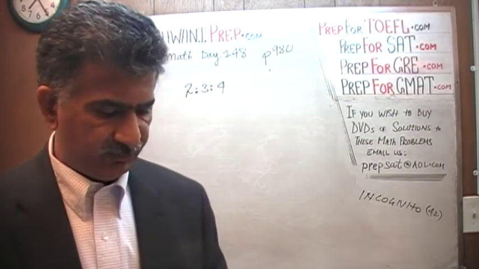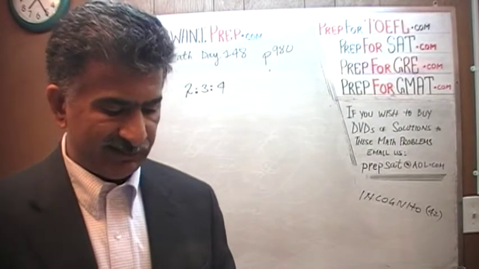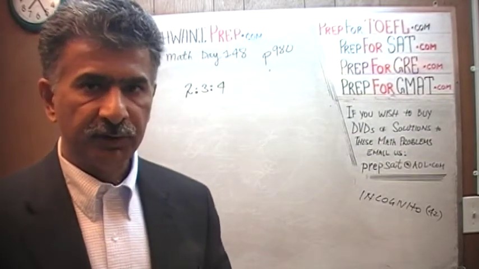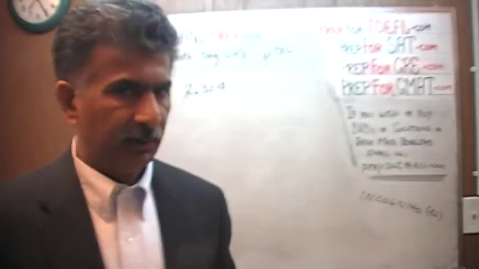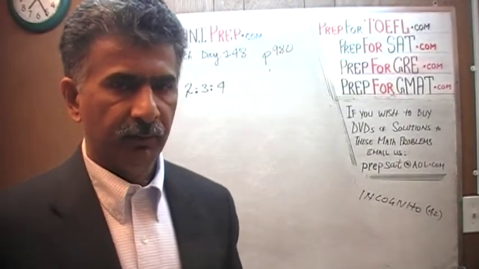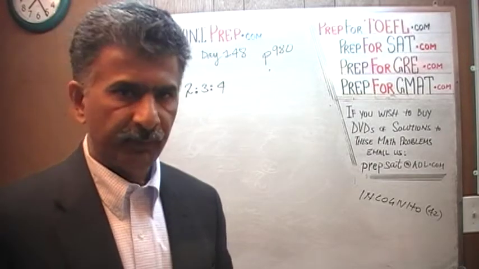By how many degrees does the measure of the largest angle exceed the measure of the smallest angle? Okay, you have to read carefully. They're not asking what's the degree measure of the largest angle. They're not asking what's the degree measure of the smallest angle. They're asking for the difference of the two. Largest minus the smallest. Let's find out, shall we?